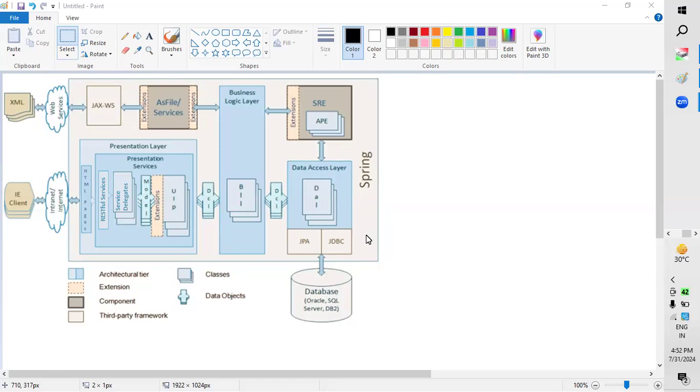Because being a solution analyst, a solution architect, when we try to provide solutions for any Java and J2EE applications, it's always important to have a broader understanding of the enterprise architecture.